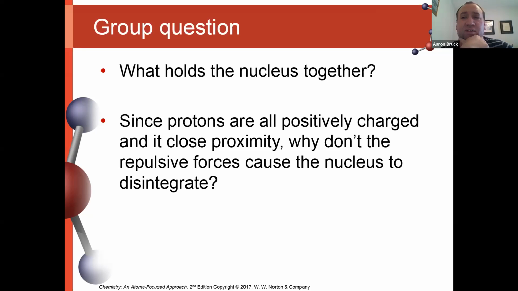Okay, yes. So you're right. Intermolecular forces are forces that exist between molecules. We would be talking about an interatomic force, so to speak, as opposed to an intermolecular or intramolecular kind of force.